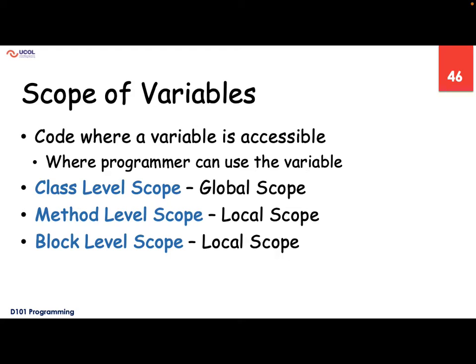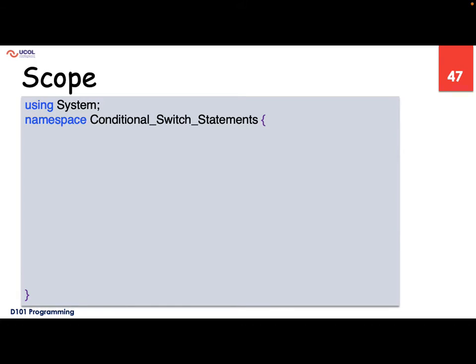When you say class level variable, we can define the class level variables, method level variables and the block level variables. These are different scopes which exist within C# or in any other programming language. It's more or less the same. Okay, scope. For example, we have that using namespace.